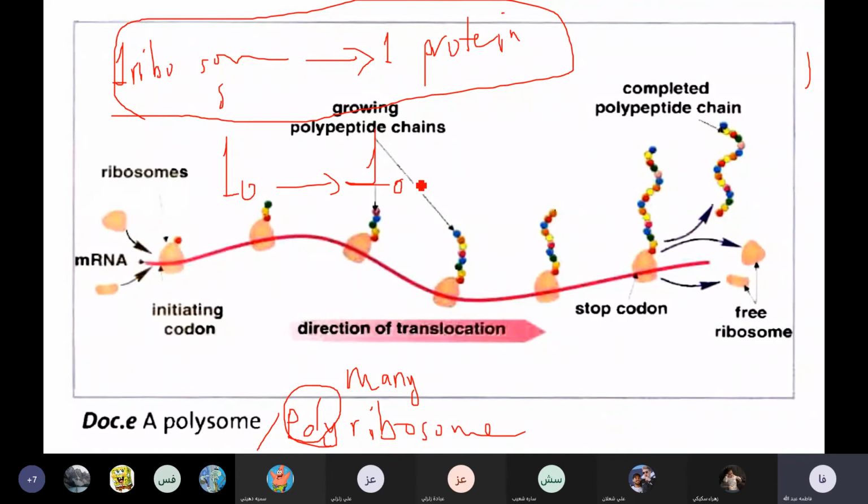Are these proteins identical or are they different? Of course, different. But I'm translating the same codons. How come they become different? If I have a paper and 10 translators, shouldn't they all translate the same thing?